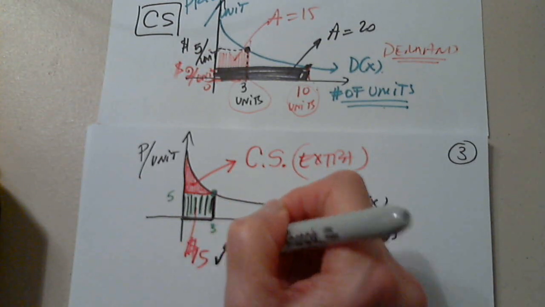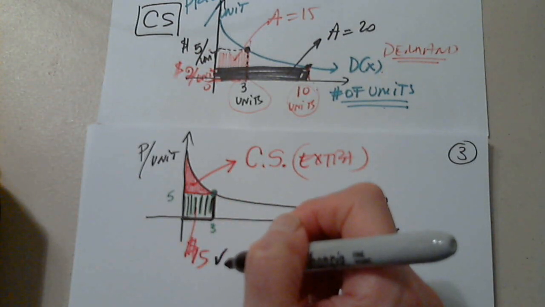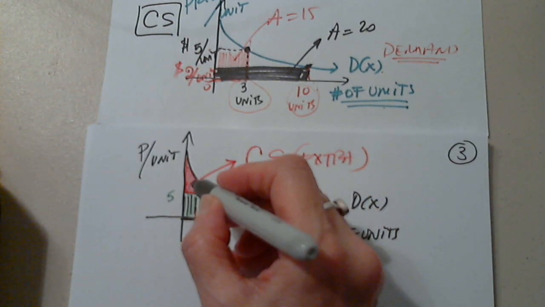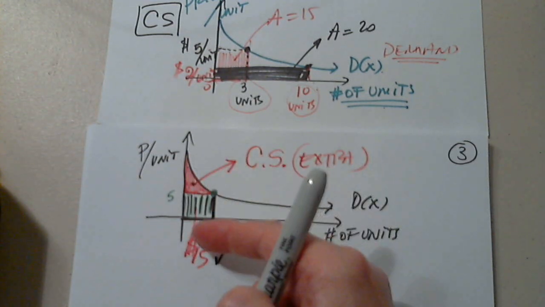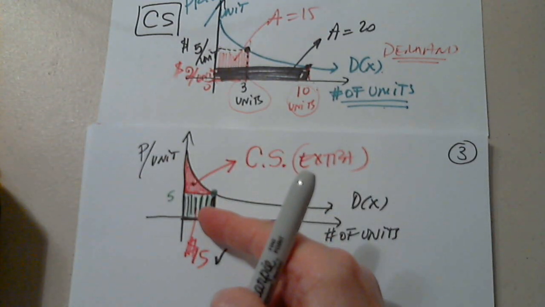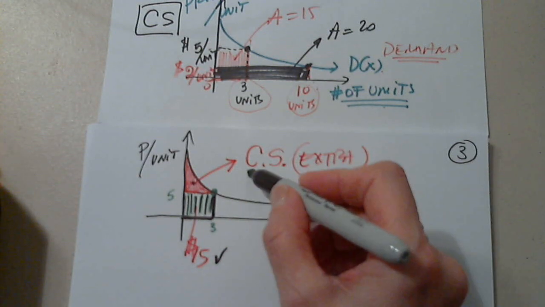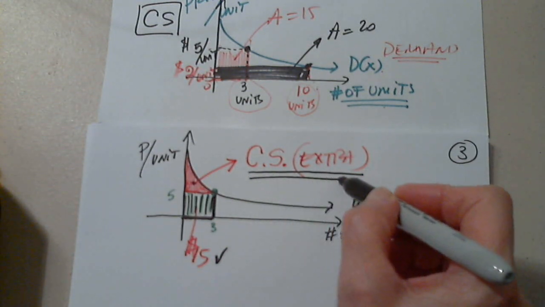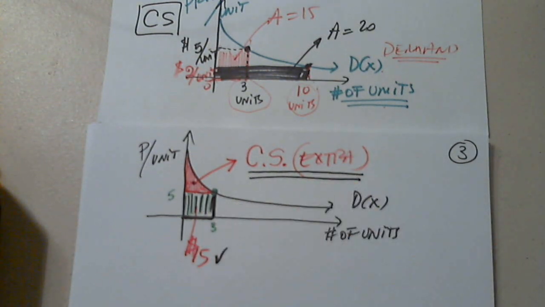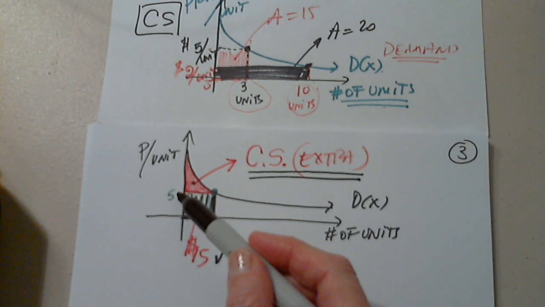I multiply them, I get 15. But I only want to determine the red area. I don't care for this. I know my cost. But I want to know how much extra I get, so to speak, if I buy 3 units at $5 per unit.